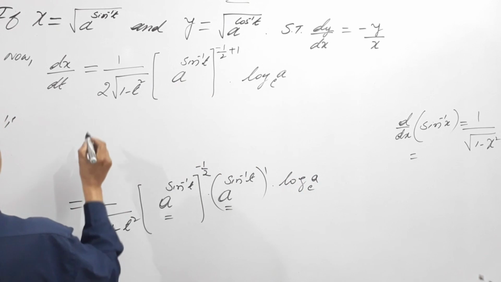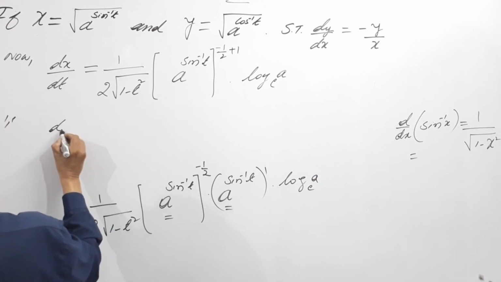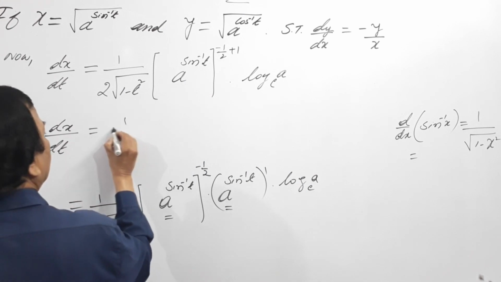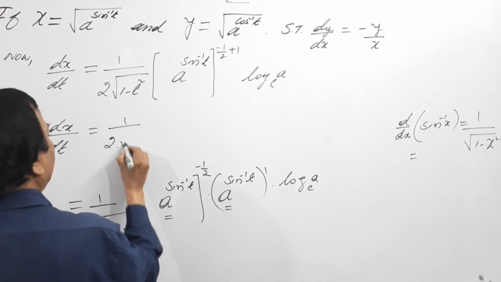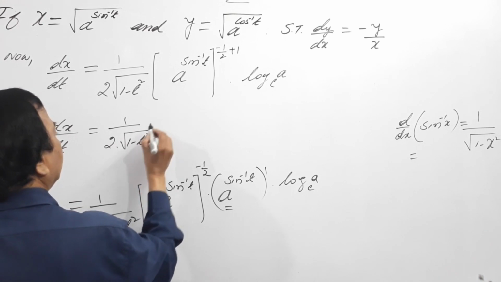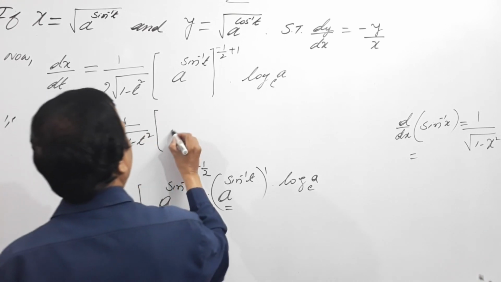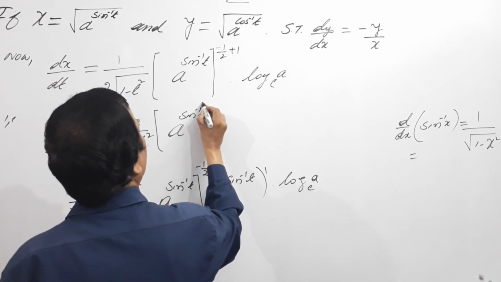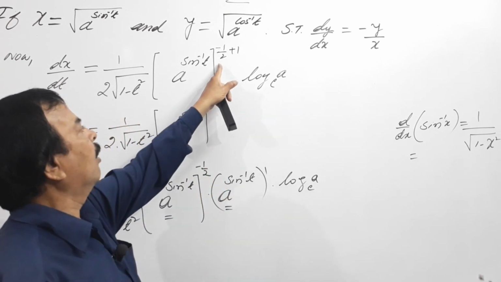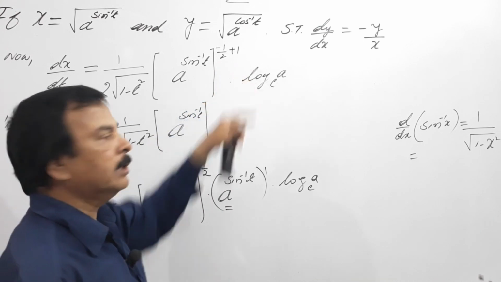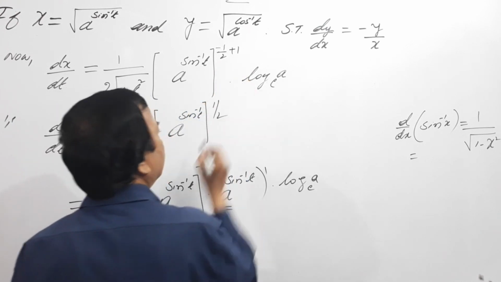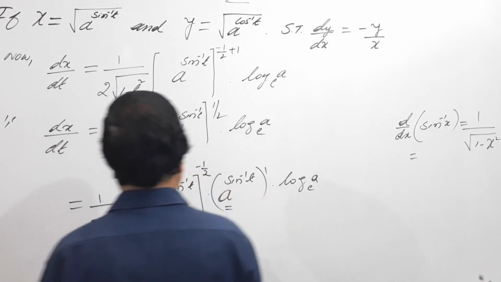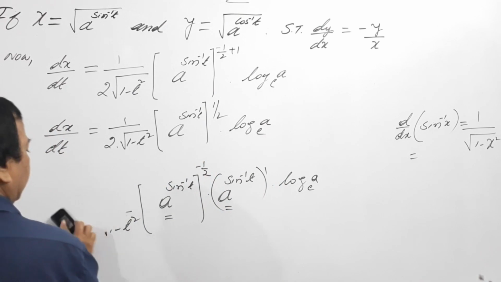So what happens here? That is dx by dt equals to into 1 minus t square. So this becomes a to the power of sin inverse t. So this becomes half minus half plus 1 is half. You get plus half into log a to base c. I'll rub it.